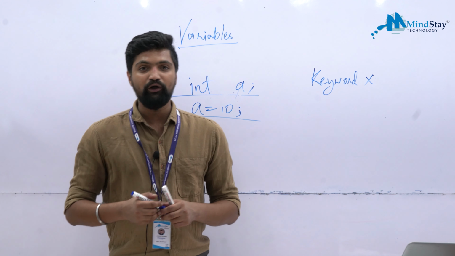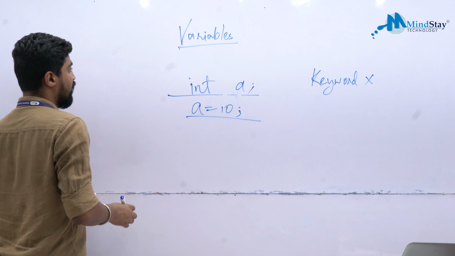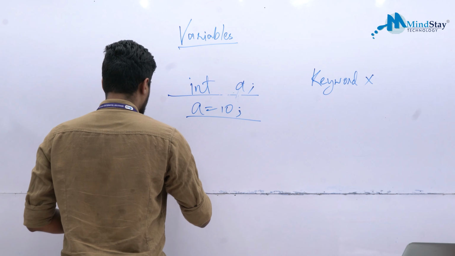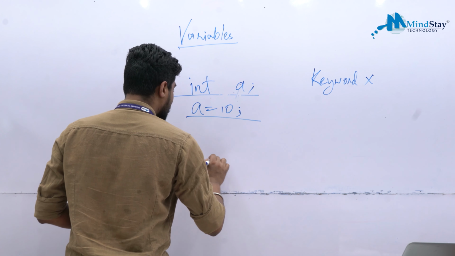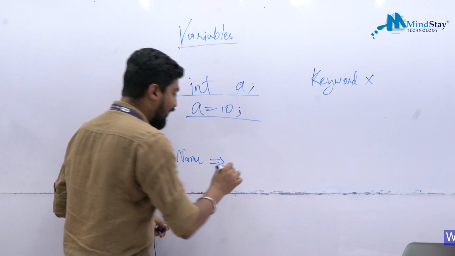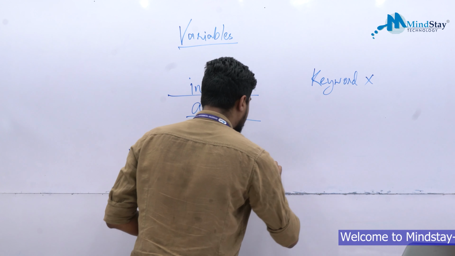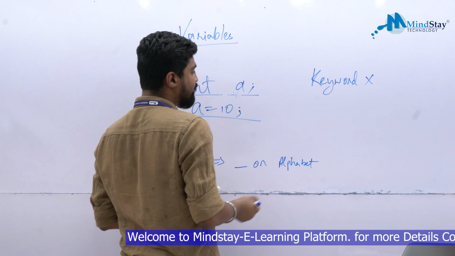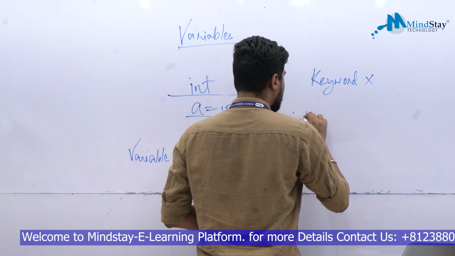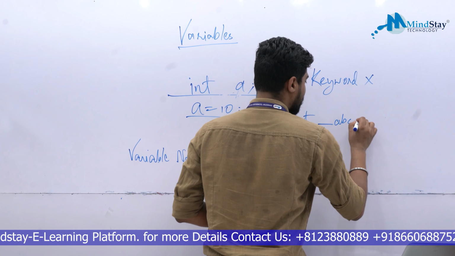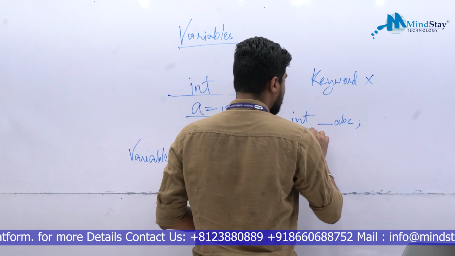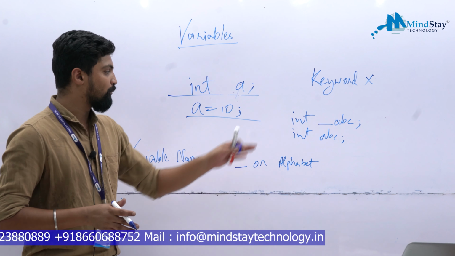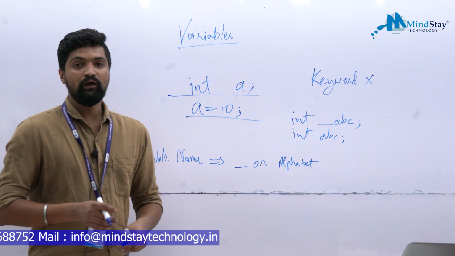Another important point is a variable name should always start with either an underscore or any alphabet. For example, I can do int _abc, or I can do int abc. Either start from an alphabet or start from an underscore.